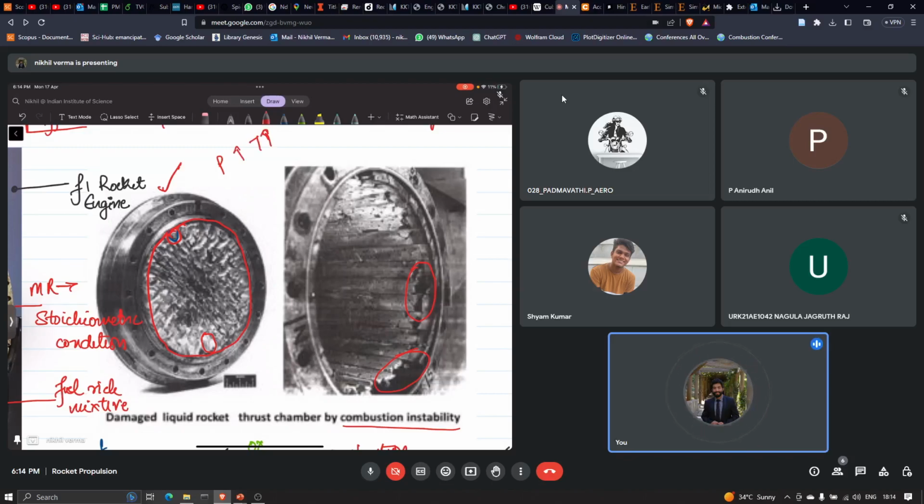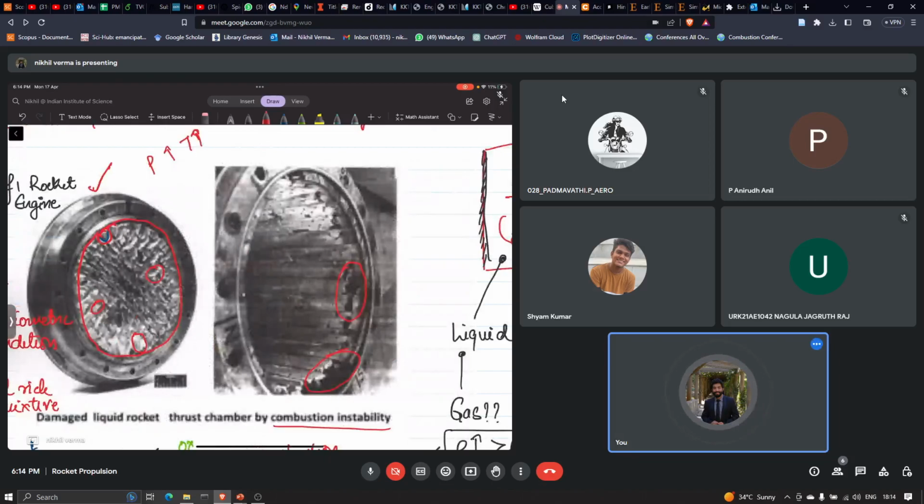So you can see the injector plate is getting damaged, and you can also see this is the thrust chamber. The walls of the thrust chamber are also eroded.